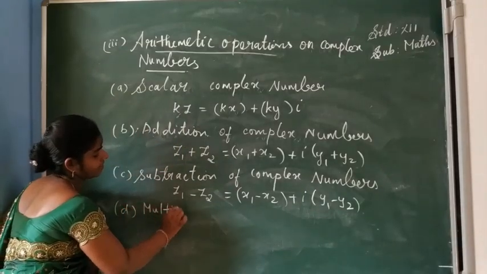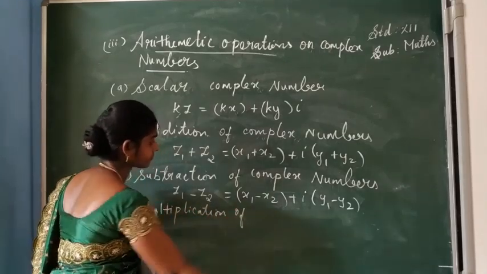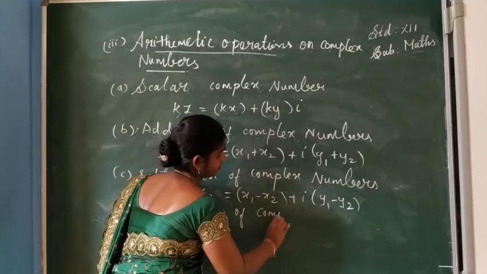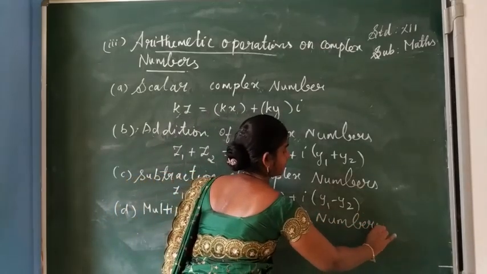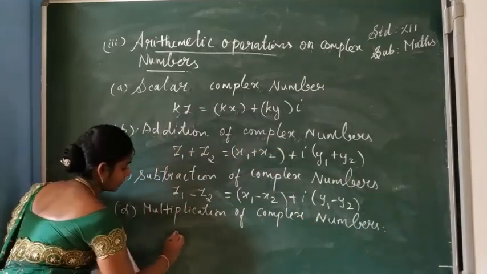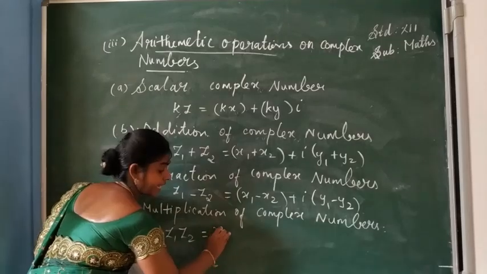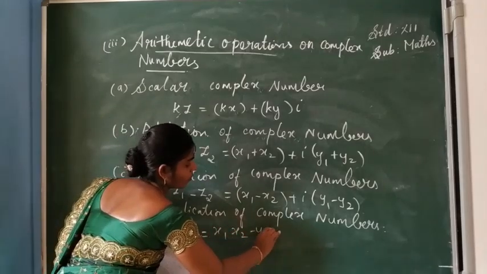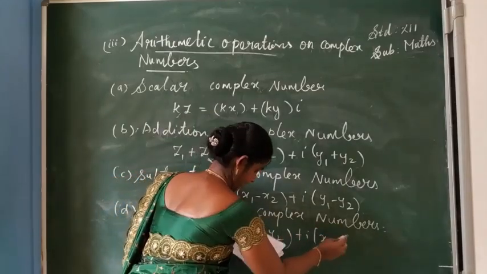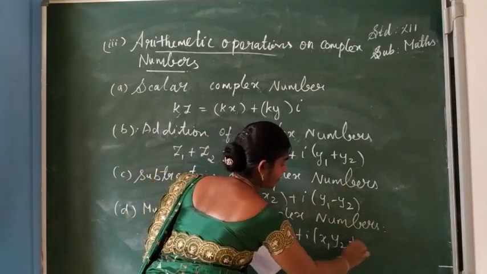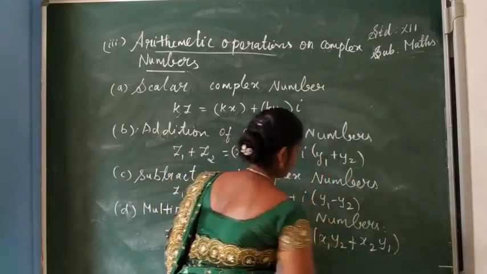Multiplication of complex numbers: z1 z2 equal to x1 x2 minus y1 y2 plus i into x1 y2 plus x2 y1.